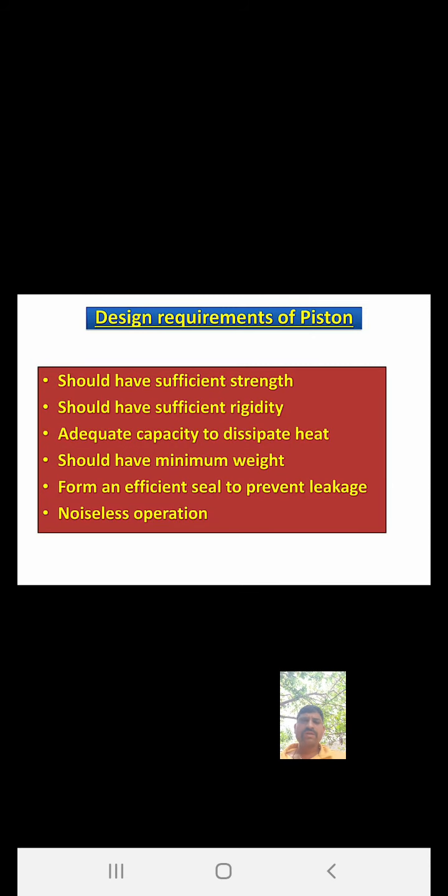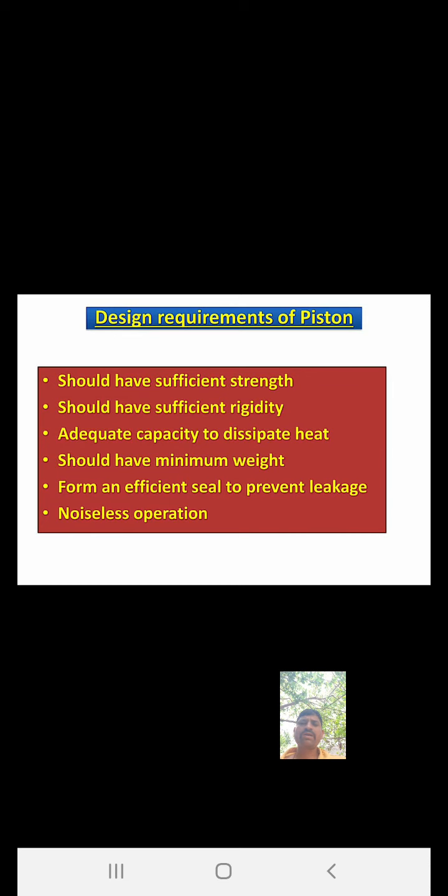Okay, what are the design requirements of the piston? We have discussed the different materials and their strength. It should have sufficient strength, sufficient rigidity, and adequate capacity to dissipate heat, meaning the thermal conductivity of that material. It should have light weight, or we can say minimum weight.